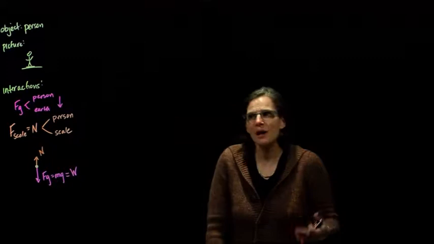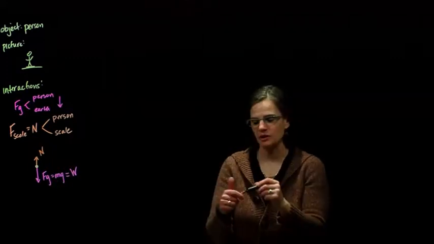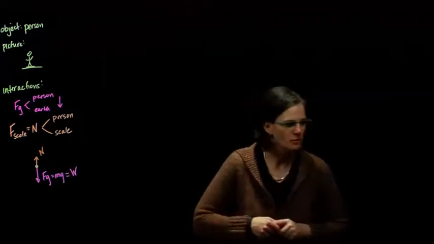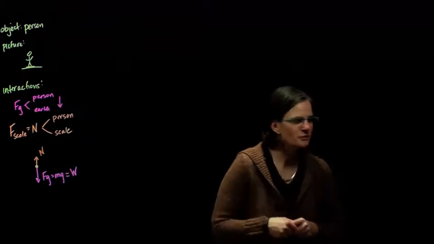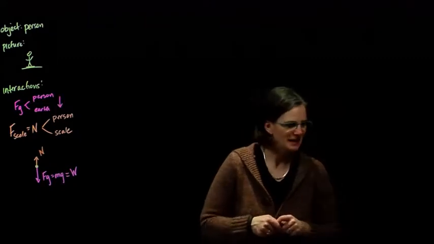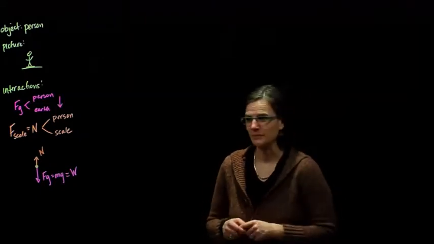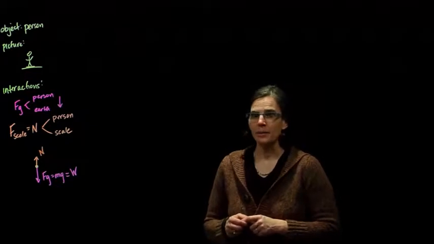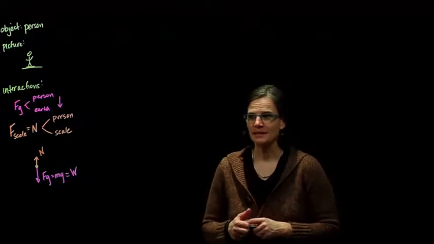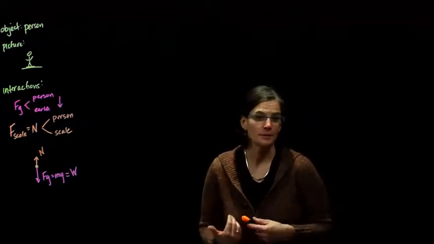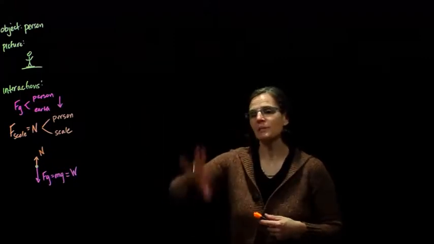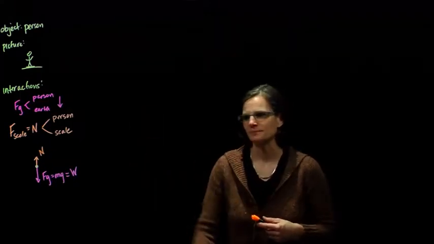Now what can we use that information for to say something about the motion? Particularly, what direction is the elevator headed? It just says they're riding in an elevator. Well, one possibility is that they're heading up, and the other possibility is that they're heading down. So does this free body diagram give us that information?